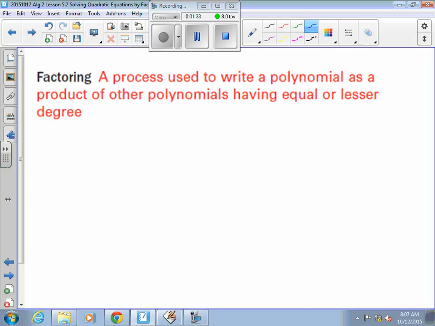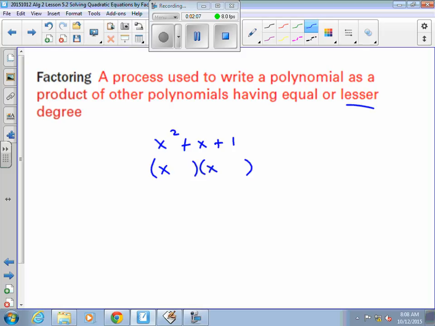Factoring is a process used to write a polynomial as a product of other polynomials of a lesser degree. You're taking something that says x squared, and typically it'll be in standard form, ax squared plus bx plus c, and you're making it into two sets of binomials. So x squared, for example, plus x plus 1, you're making it say x and x.